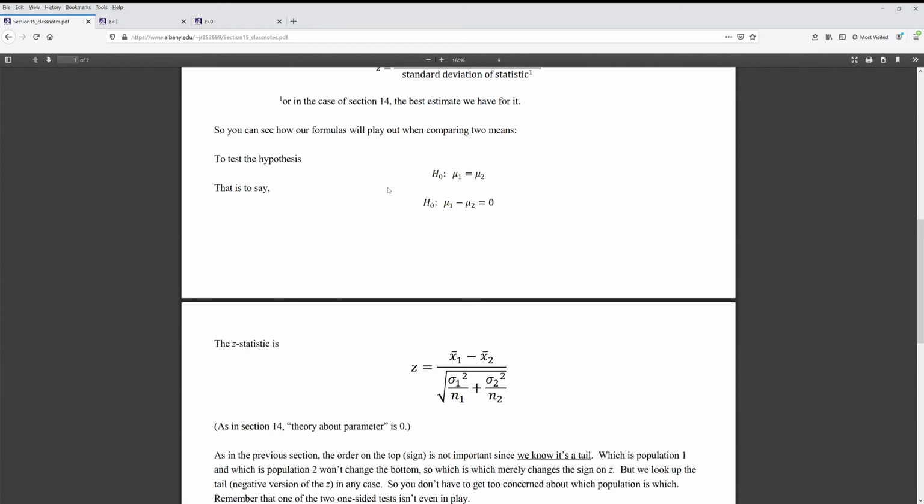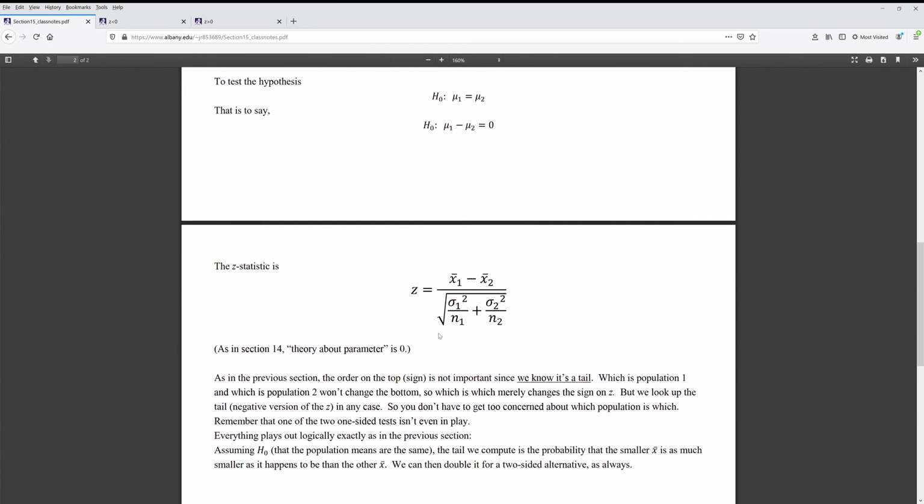The average height of people in the United States is the same as the average height of people in Canada, and so forth. And we'll test that against our three usual alternatives, that HA is mu1 is less than mu2, greater than, or not equal to. Same exact logic as in the previous sections.